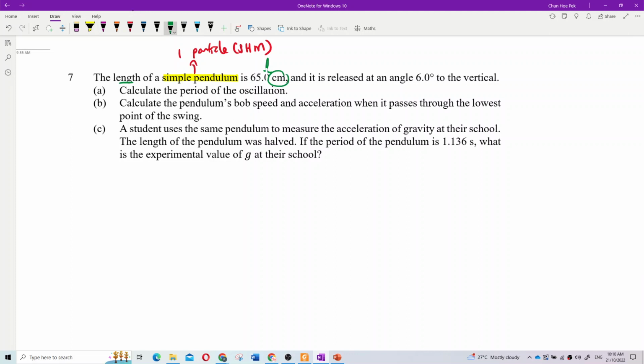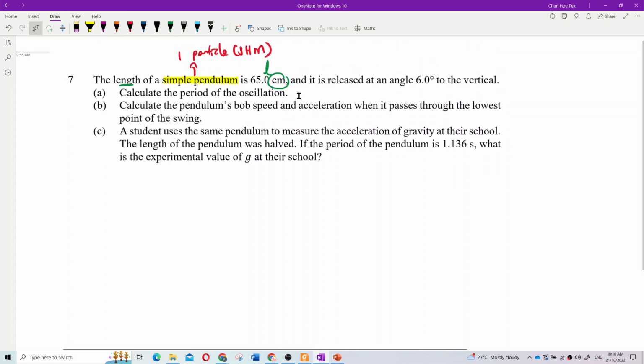Centimeter, you need to change to meter. Okay, so the length is 0.65 meter. Okay, change to SI unit. Okay, release at 6 degree. Okay, and then calculate the period of oscillation.